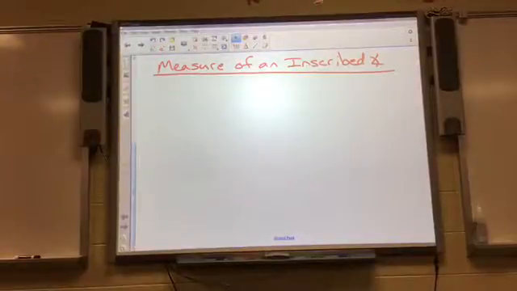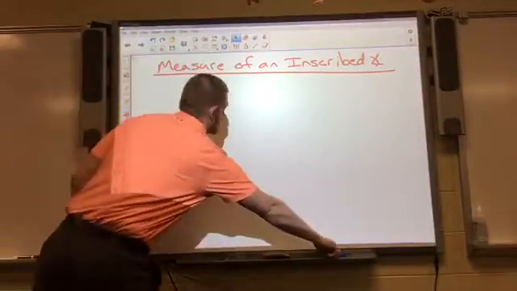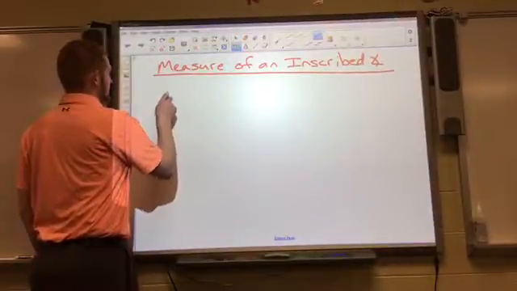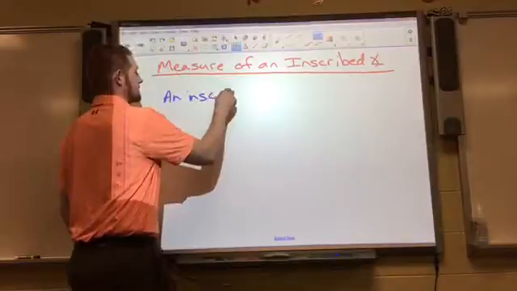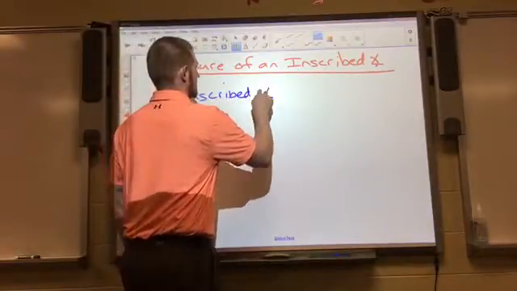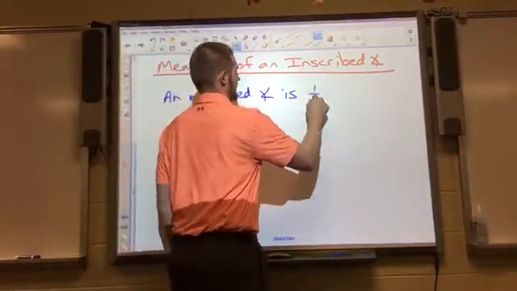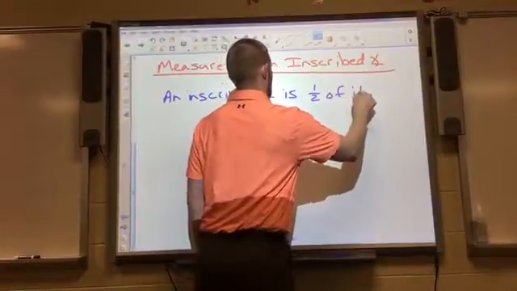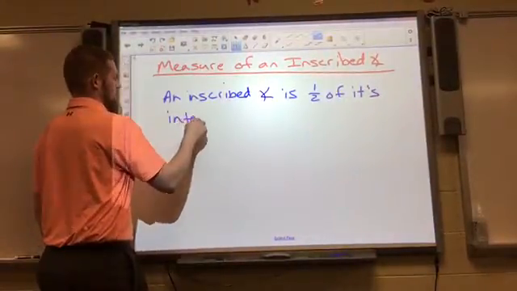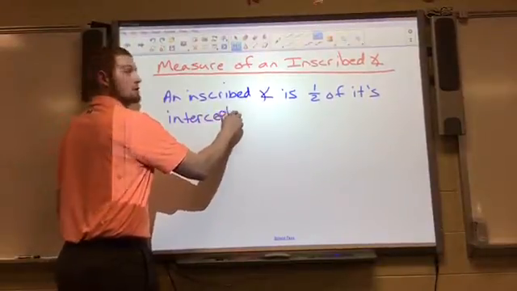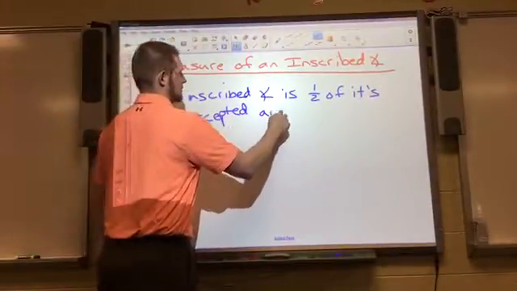All right. I'm not going to write exactly the words that they have. What you need to know for this theorem is that an inscribed angle is 1/2 of its intercepted arc.